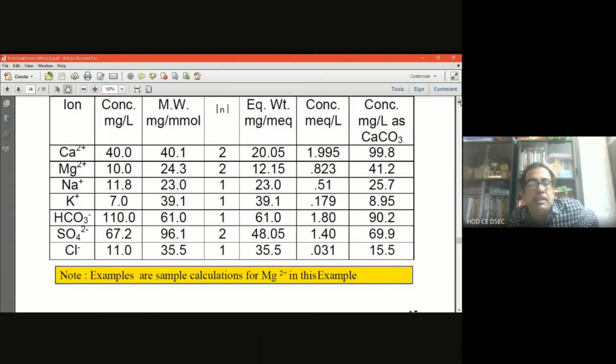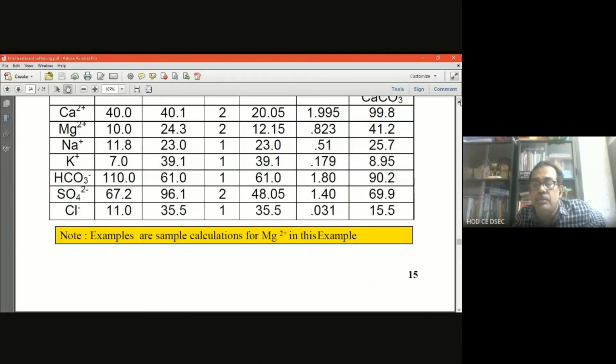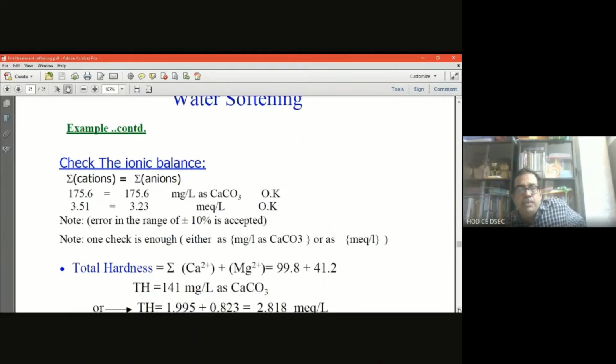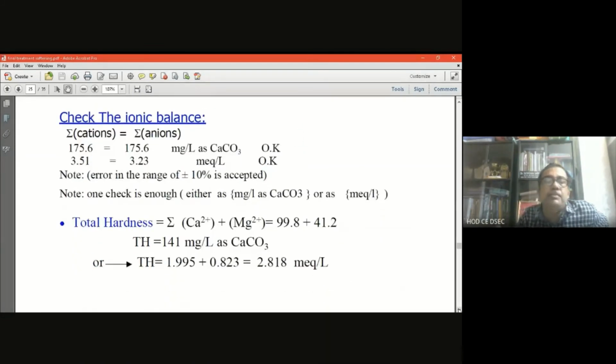That means the total cation should equal the total anion. This is one of the checks: the summation of the cations and anions should be equal. Otherwise, in this type of numerical problem, you must have made some calculation mistakes. So there is a thumb rule for checking whether you have done the calculation right or not.